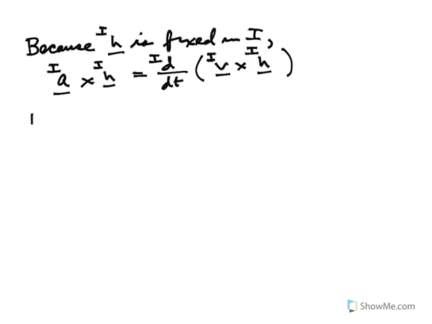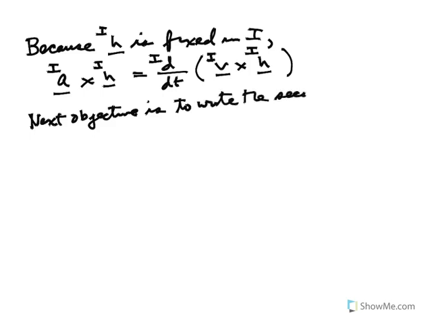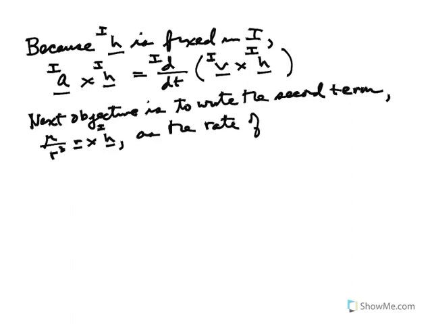So the next objective is to write the second term, which in this case is mu over r cubed times r crossed with hi, as the rate of change of some other quantity.